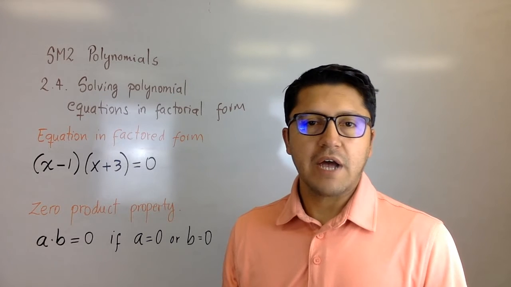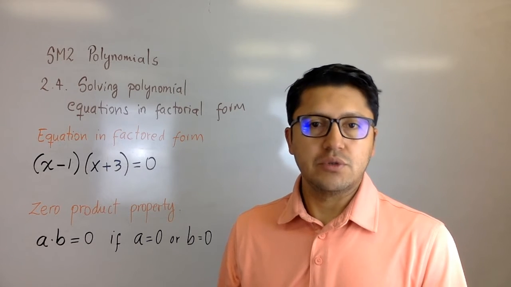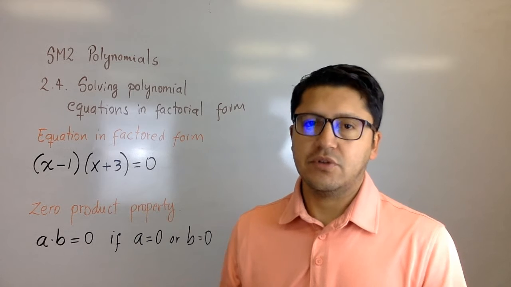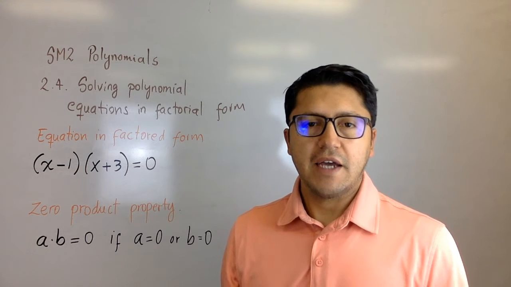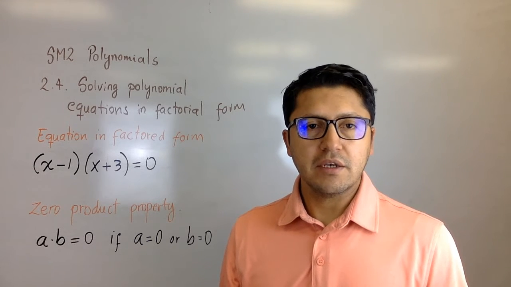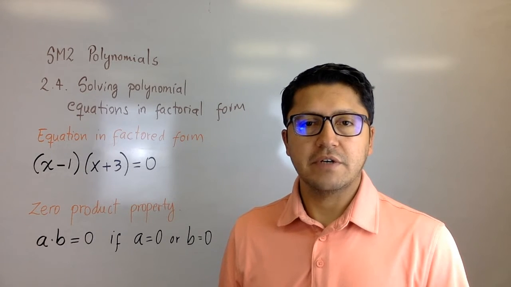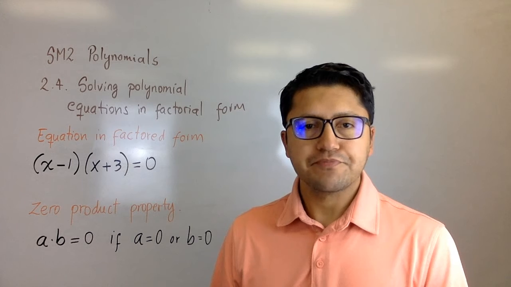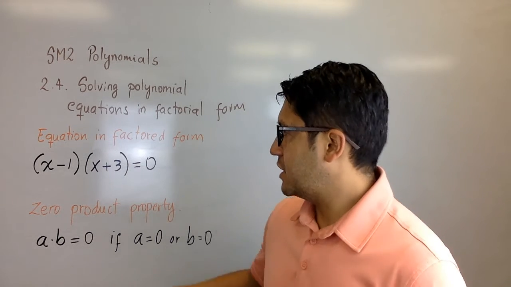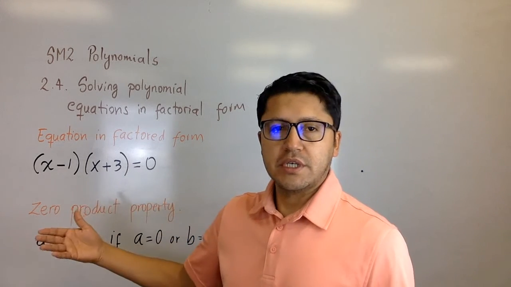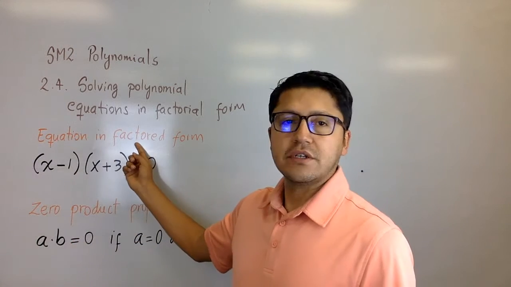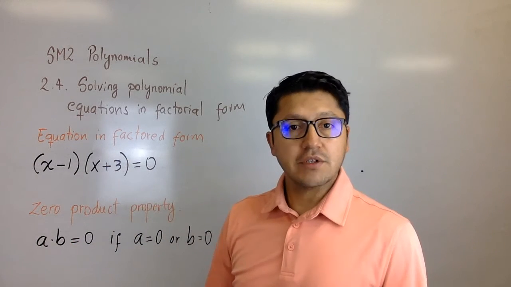Before I proceed to do some of the exercises, solving some examples in the videos, I need to explain what factored form is and one property of mathematics. So, the equation you see here is what we call an equation given in the factored form. How's that?